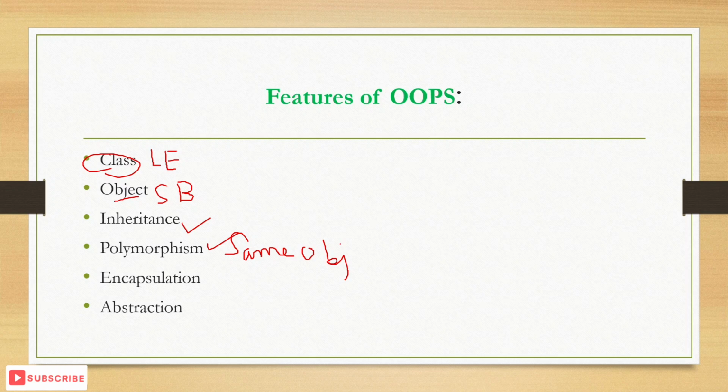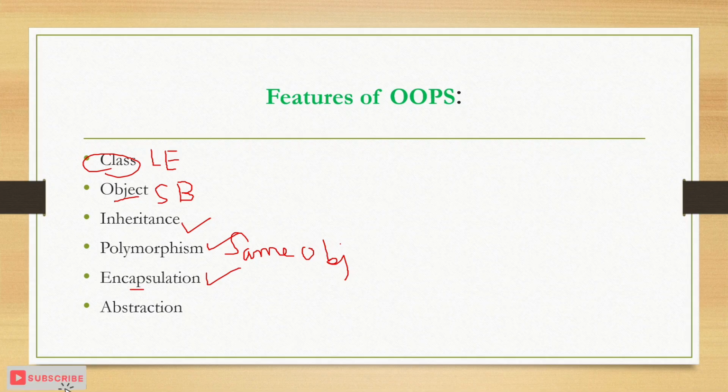For example, I'm teaching now, that means I'm your teacher. When I go to office tomorrow, I'll be an employee at that time. So that is the same object having different behavior. Okay, that is called polymorphism. Then we have encapsulation. What is encapsulation? It binds data and methods into a single unit.